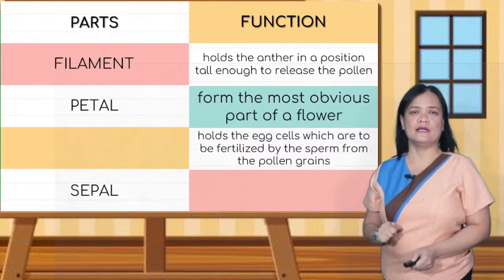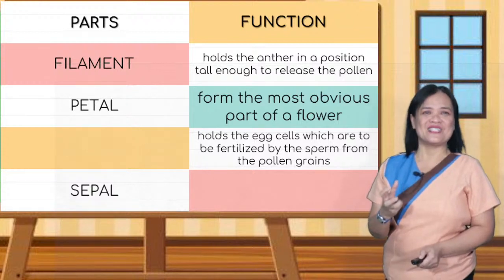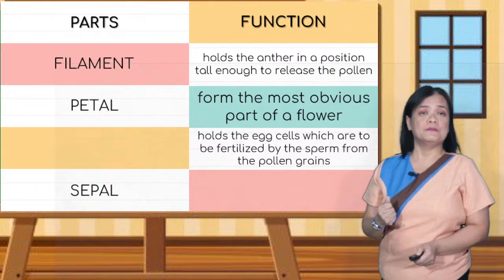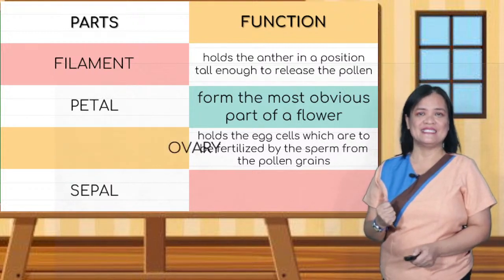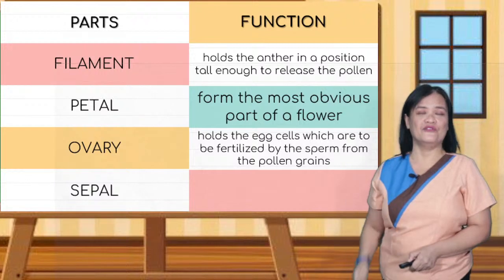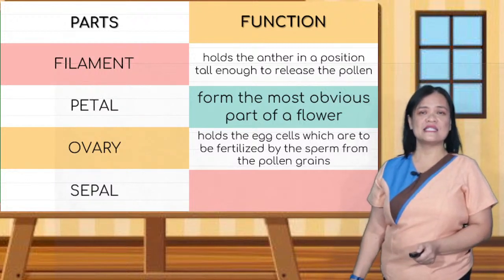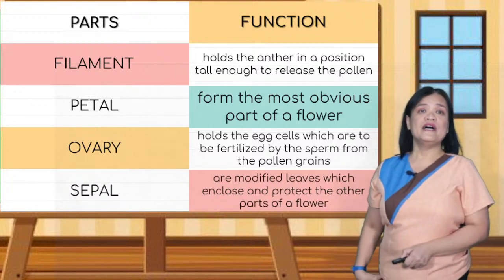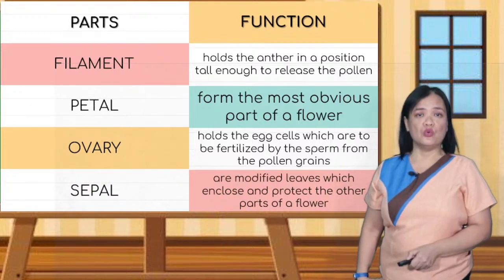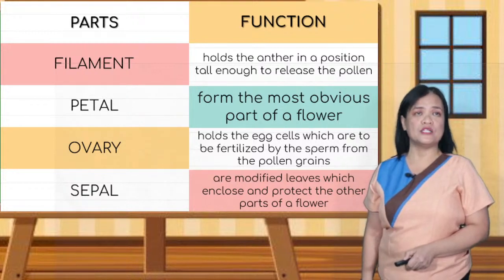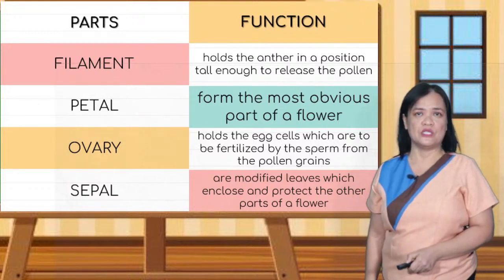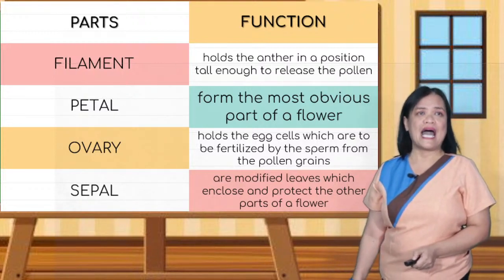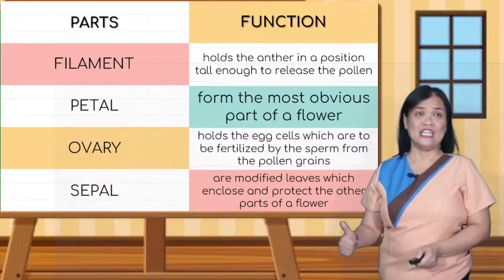The next part holds the egg cell, nandun ang egg cell, which are to be fertilized by the sperm from the pollen grains. It is the ovary. You're correct. And last but not the least, sepal are modified leaves which enclose and protect the other parts of a flower. So those are the correct answer in our assessment. I know you got it right.